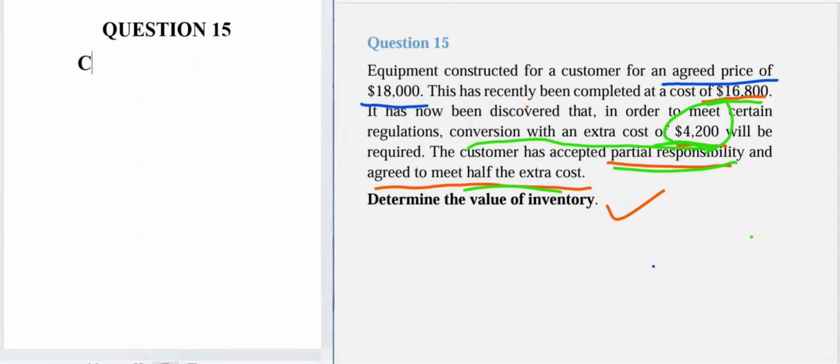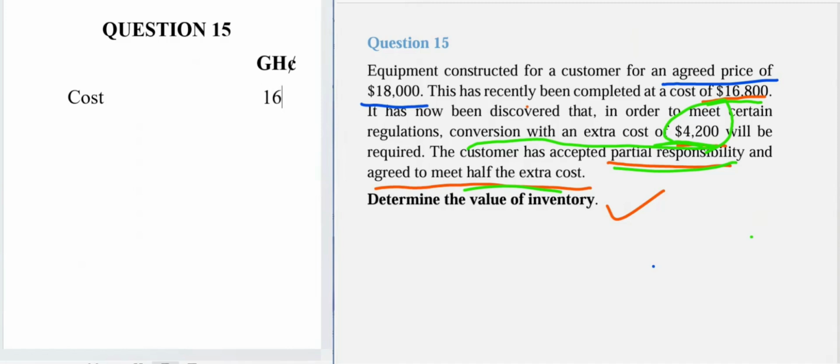Let's bring our cost. What's the cost of the equipment, right? But before that, still to make our work presentable, we have to have our currency there. So the cost of the equipment is 16,800.